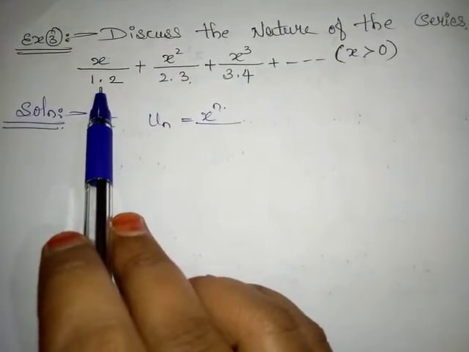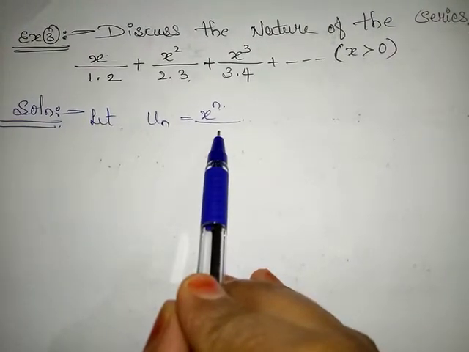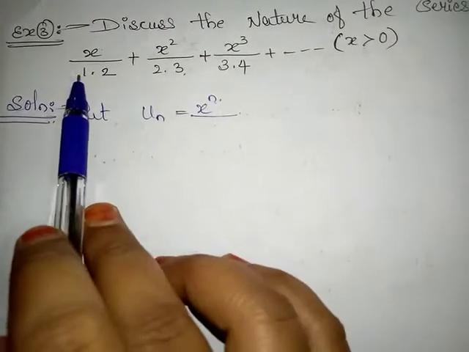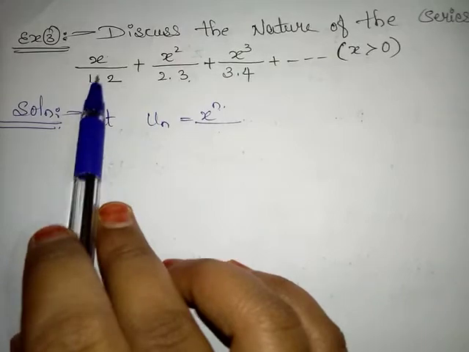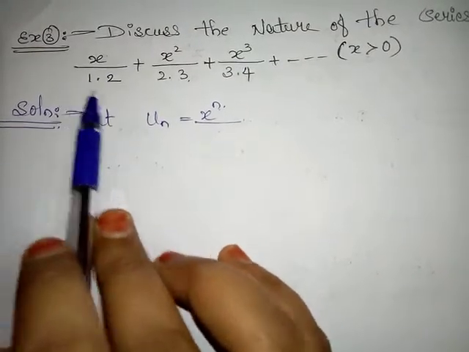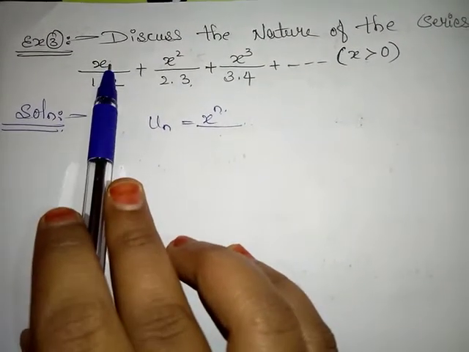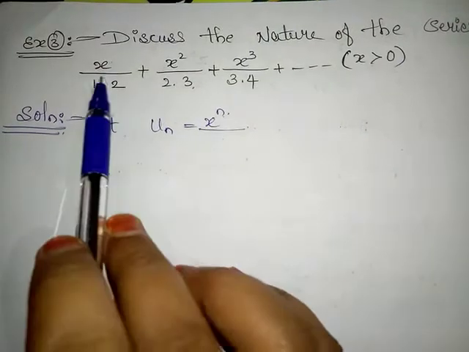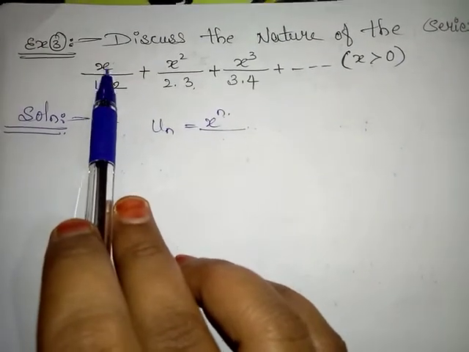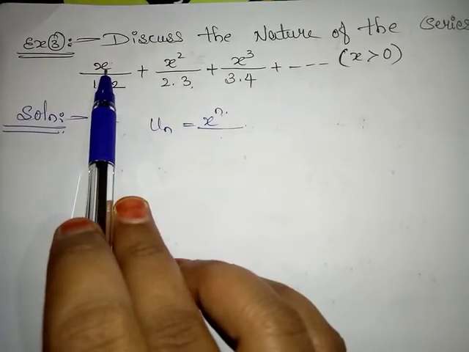Here we have how to take the denominator term for un. Here n value is 1 for the first term. Since this is the first term, the value of n is 1. This is satisfied for this x, the numerator term.